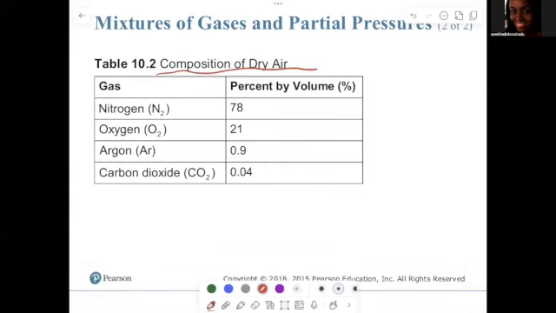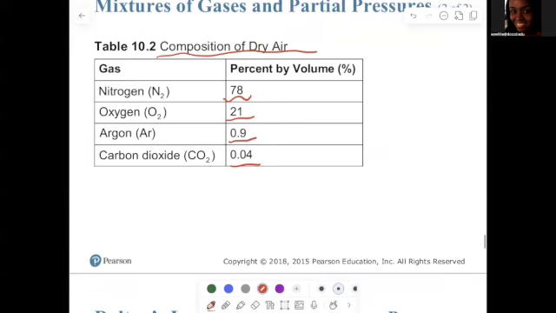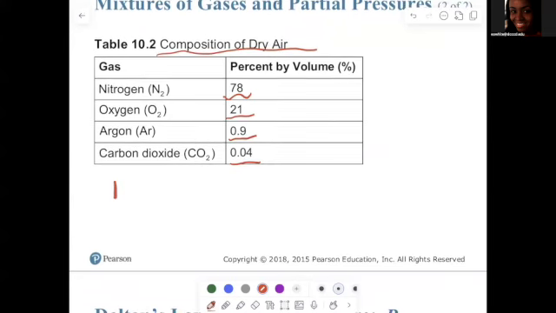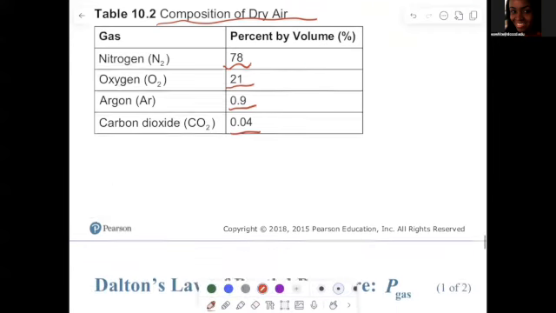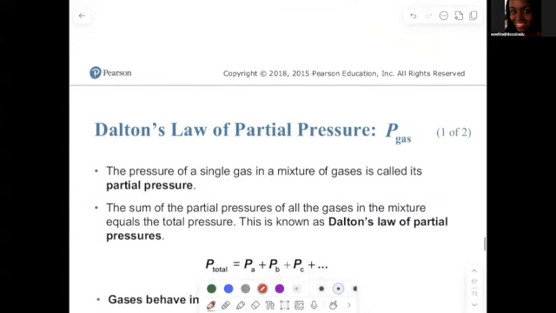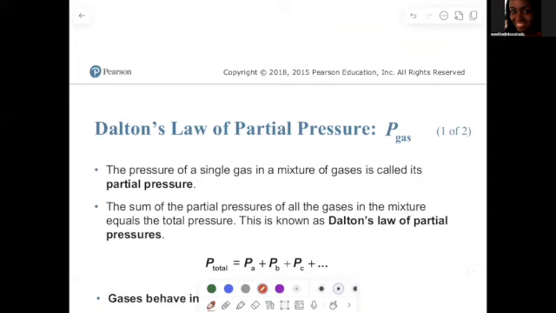And we're told that air is made up of 78% nitrogen, 21% oxygen, 0.9% argon, and 0.04% carbon dioxide. So it would be like saying the total, we haven't gone over the law yet. Look at me getting ahead of myself. Air is made up of all of these gases, right? So then we come into Dalton's law of partial pressure. Remember Dalton from before? Yes.